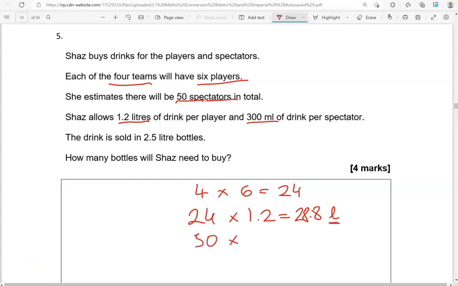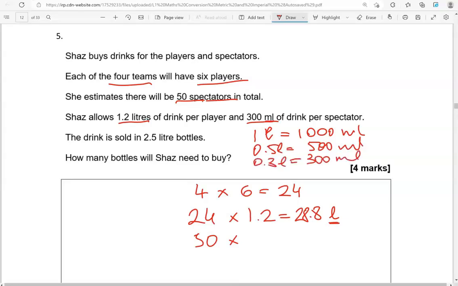Now we've got litres here, so I'm going to convert this into litres before I do calculations. We know that in 1 litre there are 1000 millilitres, 500 millilitres is 0.5 litres, 300 millilitres will be 0.3 litres.